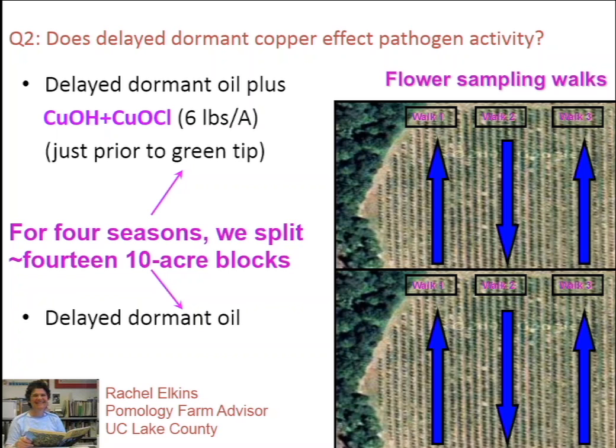We could look at the rate of increase in how those flowers were infected with the pathogen through the season, so we could tell when during the season we were getting fire blight inoculum in the field, and importantly, if there was a difference where we treated with the copper versus where we treated with the oil alone or did not treat with the copper.